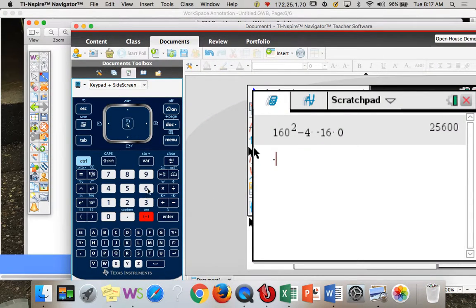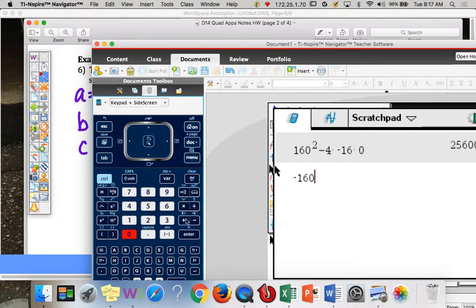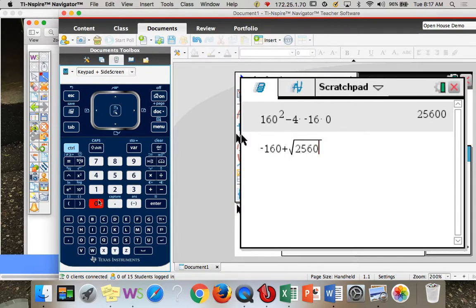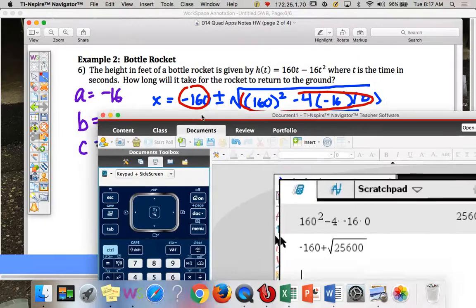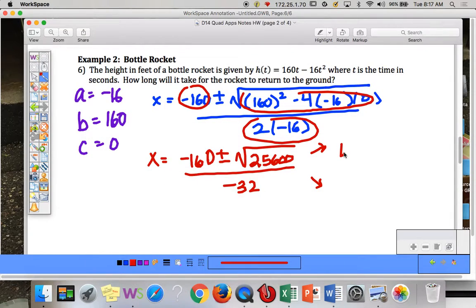We get negative 160 plus the square root of 25600. So that's 0, and 0 divided by anything is 0. So the one answer is 0. And you could see why if I had kept my picture up there. It's taking off from the ground and going up and down. So here's the 0.